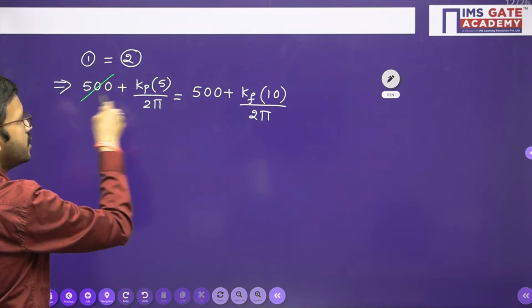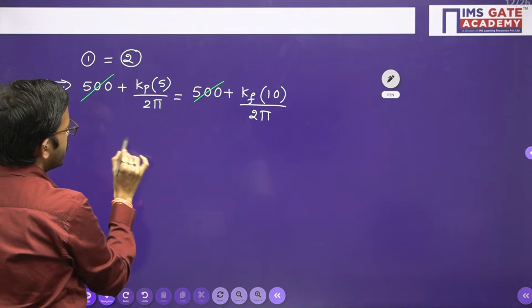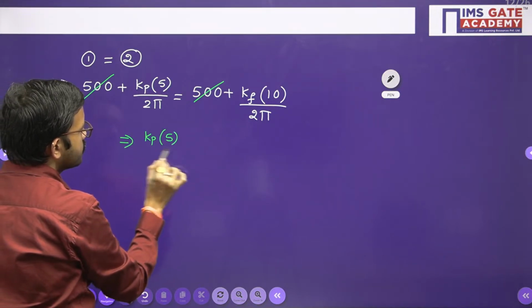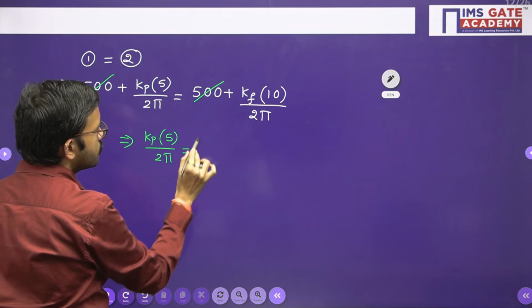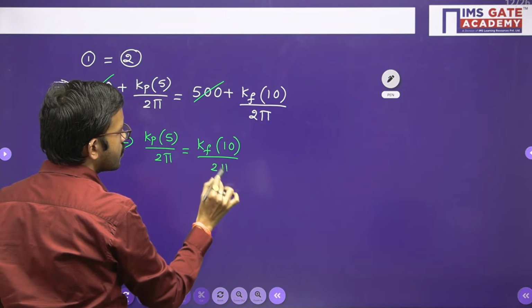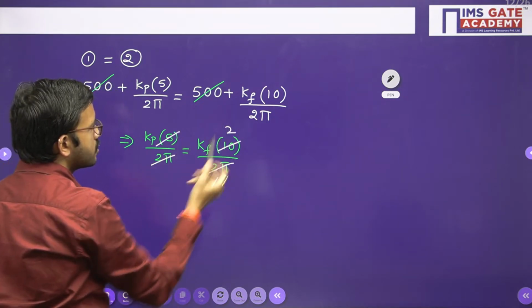So here 500 will get cancelled, right? After that you are getting Kp into 5 divided by 2 pi is equal to Kf into 10 divided by 2 pi. So here 2 pi will get cancelled, and 5 two times.